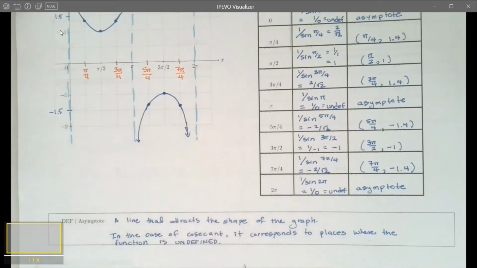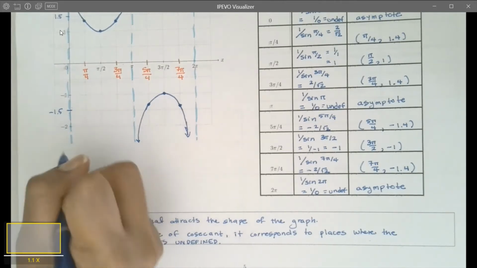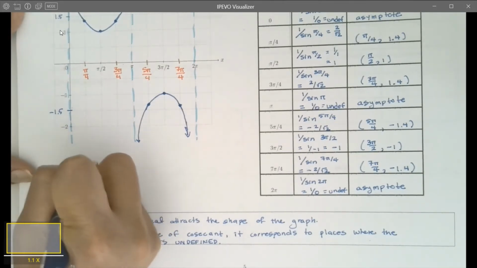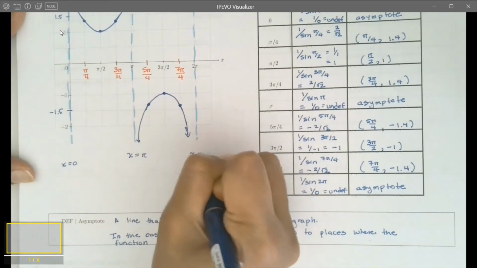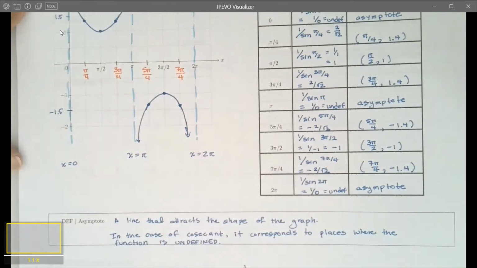And in general, that's going to be true. If a function is undefined, then you will have an asymptote at that x value. So in this case, we say x is equal to 0 is an asymptote, x is equal to pi is an asymptote, x is equal to 2 pi is an asymptote.